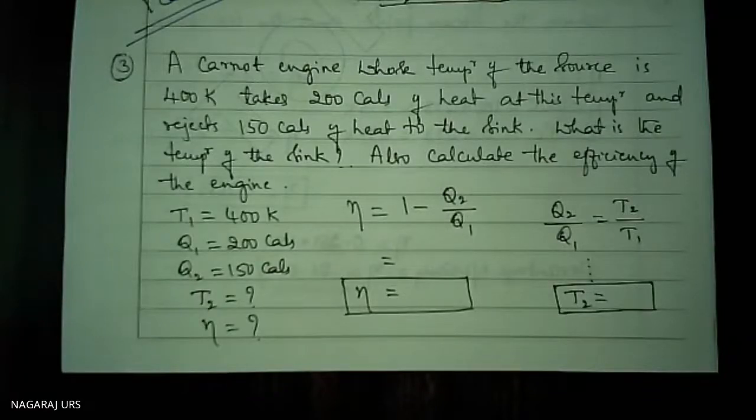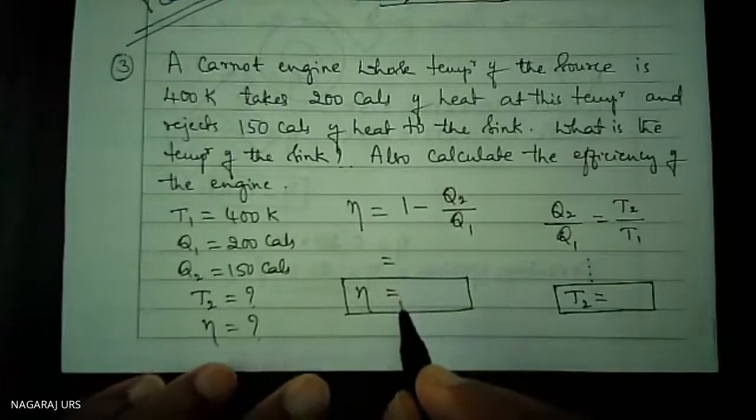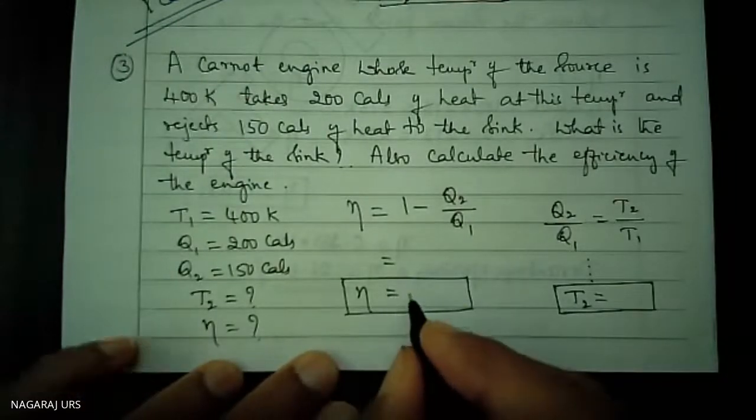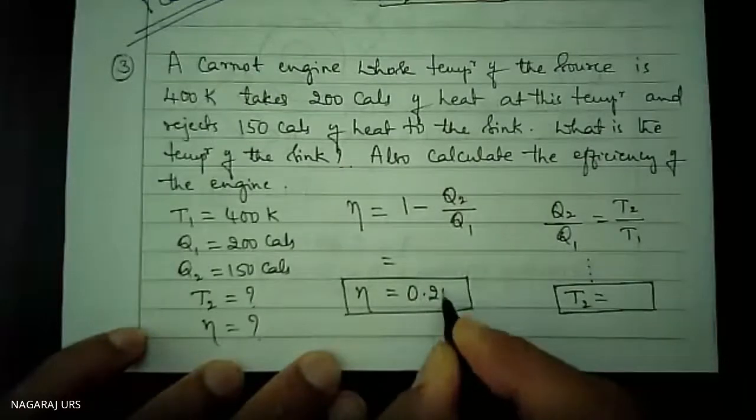Very good. Now, Kevin, I will ask you a question. What is the value of eta you said? 0.25, correct? Yes, sir. T2 is equal to 300 Kelvin.